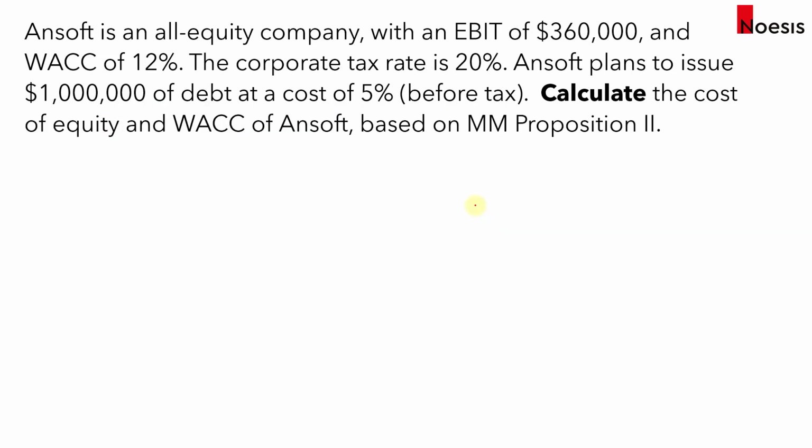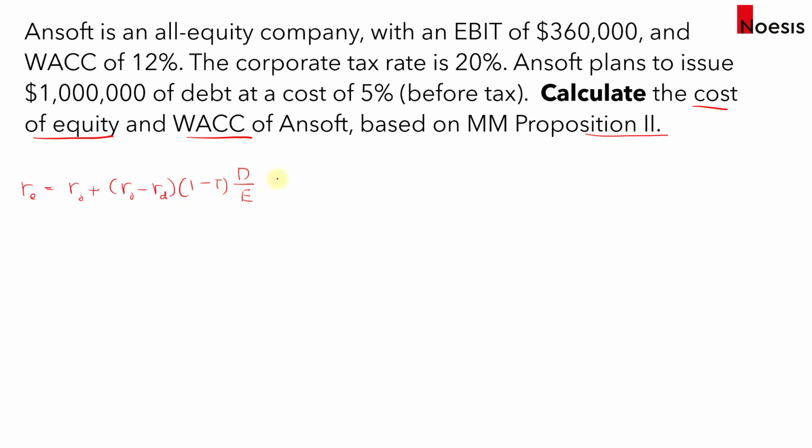Now, for the same case, Ensoft is going to issue $1 million debt, but now we want to calculate the cost of equity and the WACC of Ensoft based on proposition 2. If you recall the formula, the cost of equity is R0 plus (R0 minus RD) times (1 minus the tax rate) times debt over equity.